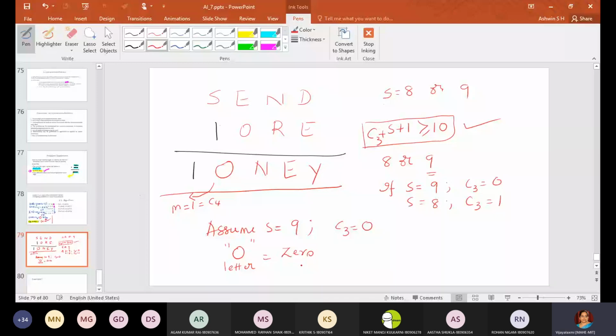So I am assuming S is equal to 9, C3 is equal to 0 and my letter O will be equal to 0. Suppose one of you may start the analysis in this way, you may assume S is equal to 8. Then your C3 may be 1 and still the letter O may be 0. That is also possible, but we don't know.